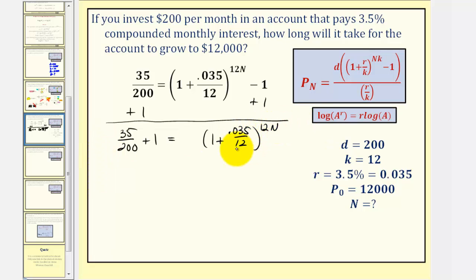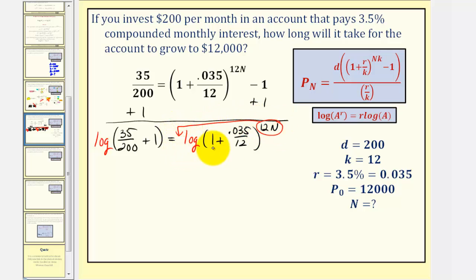This is where the common log is going to help us solve this. Let's go ahead and put this in parentheses too. We're going to take the common log of both sides of the equation. By doing this, we can apply the power property of logarithms here, meaning we can take the exponent of 12n and move it to the front.